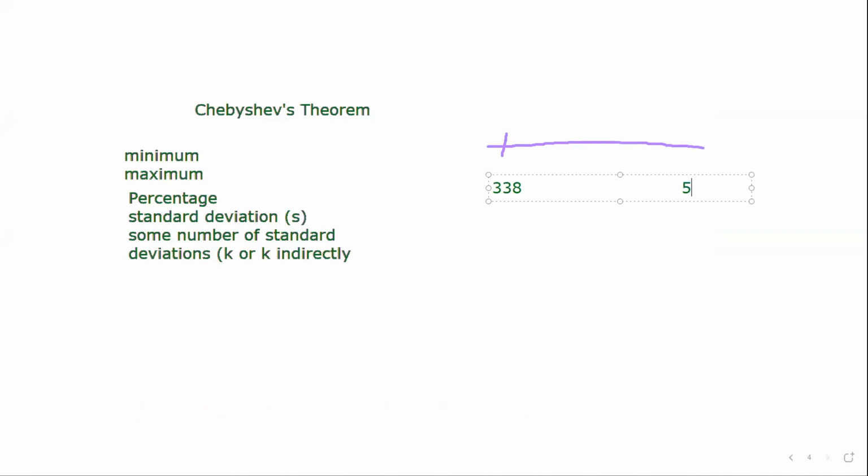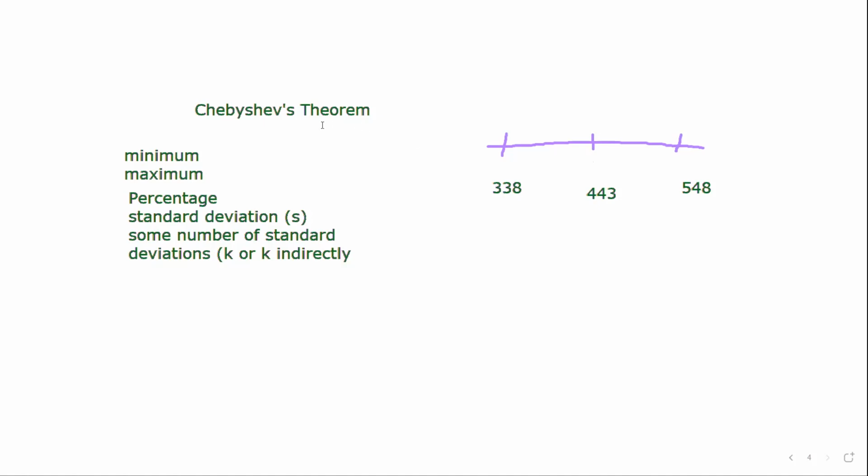And we said that our mean was 443. So, okay, so here we are, and somewhere here we have 443, right? Now we need K and we need S to find the percentage. Well, we know what S is because they told us.